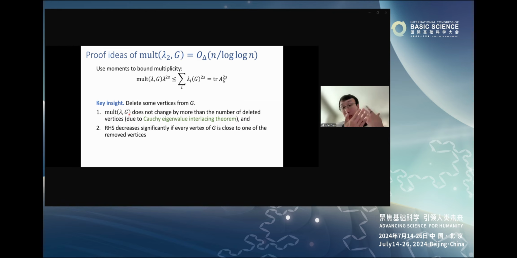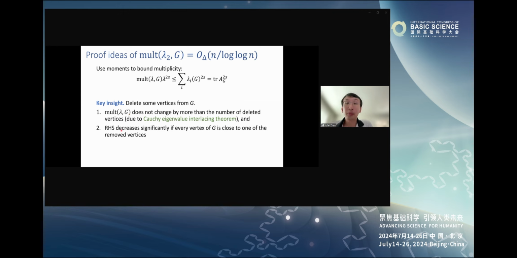So if you have in the original graph an eigenvalue of multiplicity 10, and you delete one vertex, that multiplicity cannot go down to below 9. Right? It can drop by 1 at most, but it cannot drop by more than 1. Right, so that is very helpful. So if you don't delete too many vertices, then the eigenvalue multiplicity can be appropriately controlled.